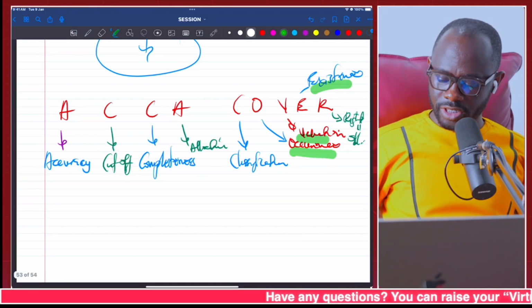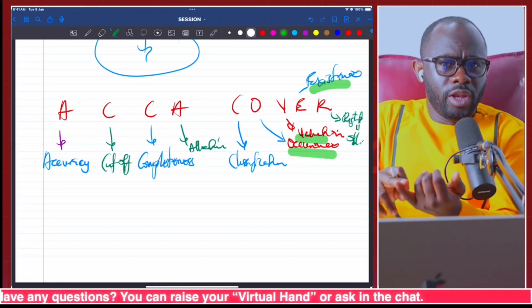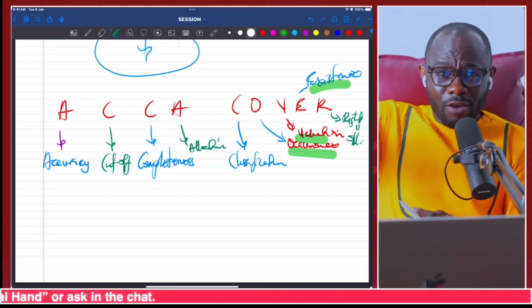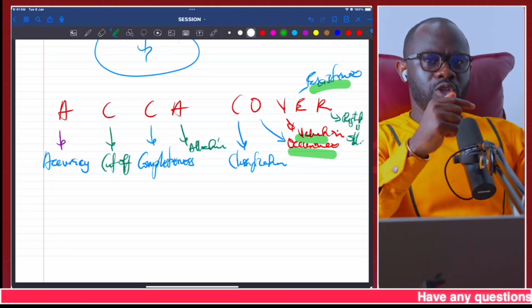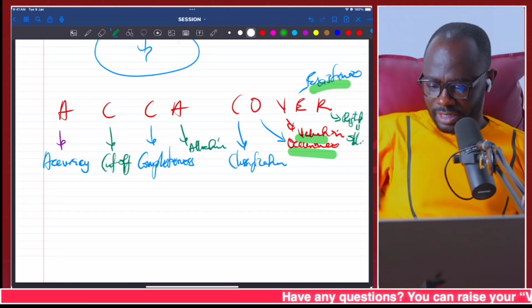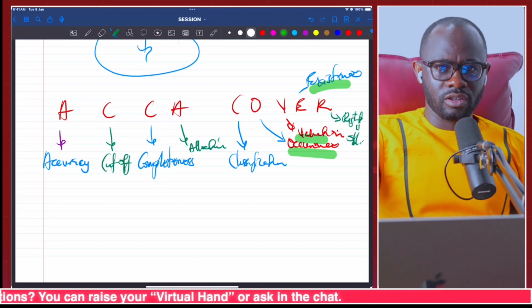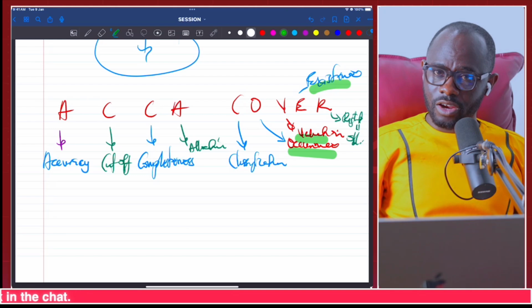Occurrence. Did they really value it? So you want to review the board minutes or the management minutes, whether there was any resolution as to whether we should revalue the assets. That's occurrence. Then whoever they engaged, you want to inquire from the person. Did you do any revaluation?